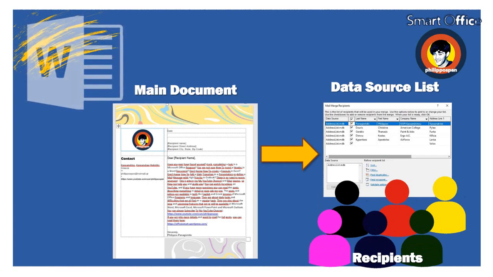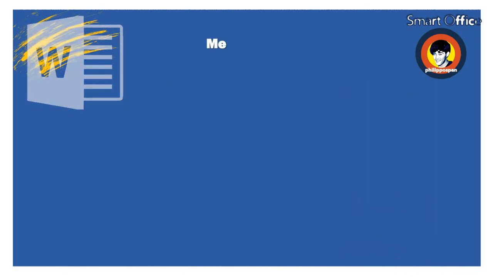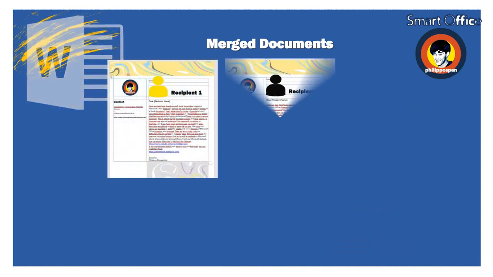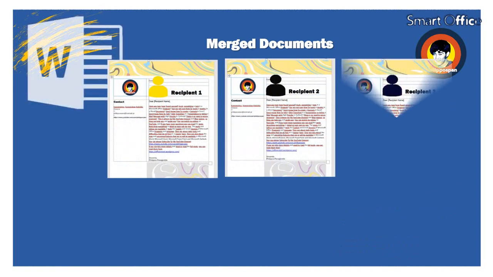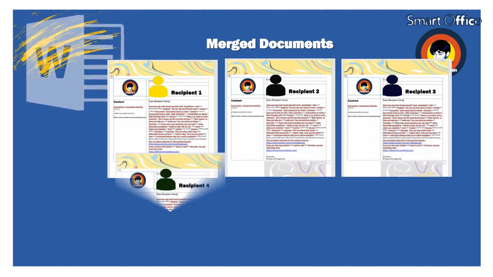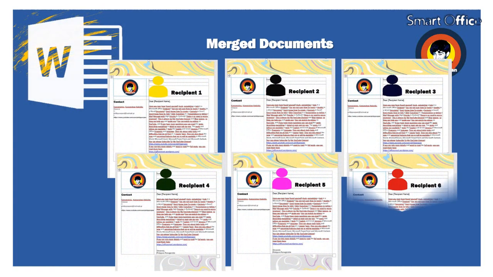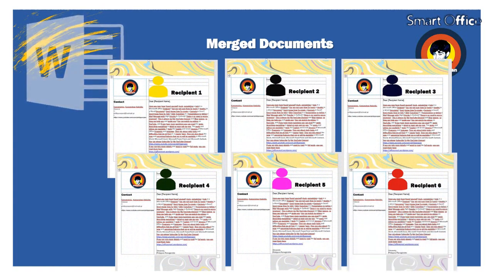All information about a specific recipient in the data source is a single data record. In each record, a single piece of information in the data source, such as the first name or last name, is called a field. The whole procedure seems hard, difficult, and long, but once you get the hang of it, it will seem nice and easy. Just remember these steps.